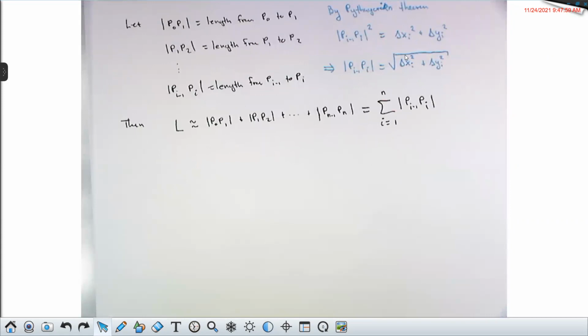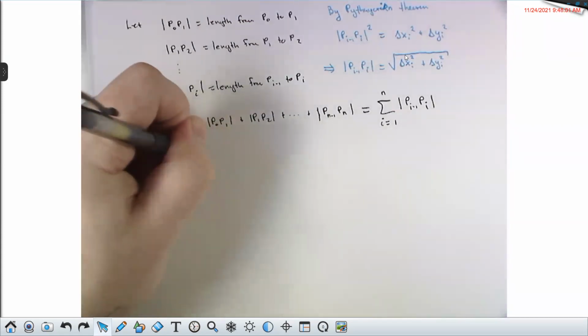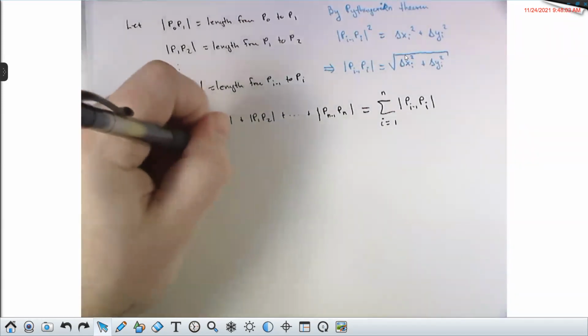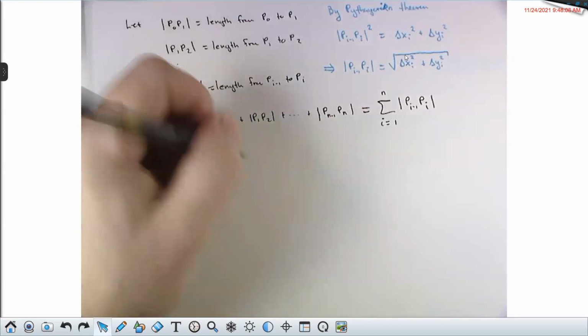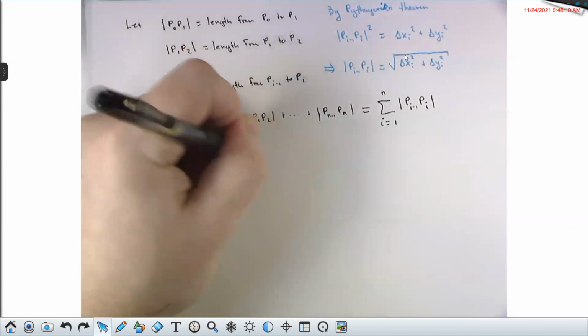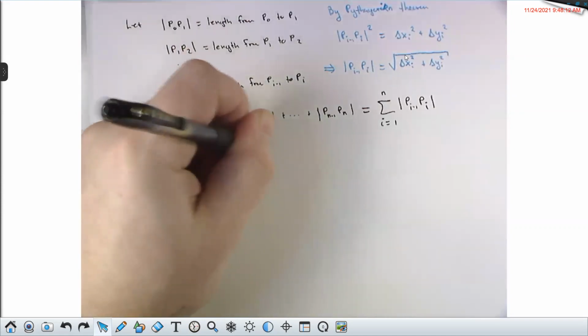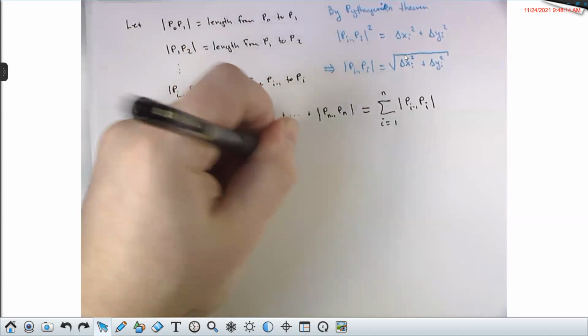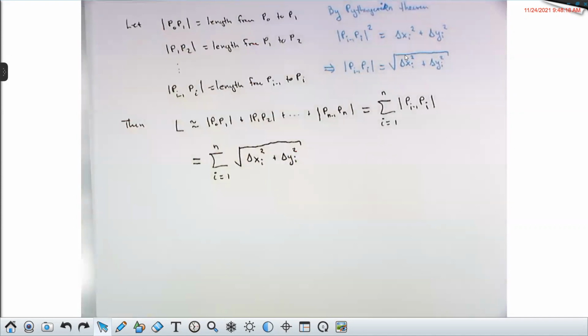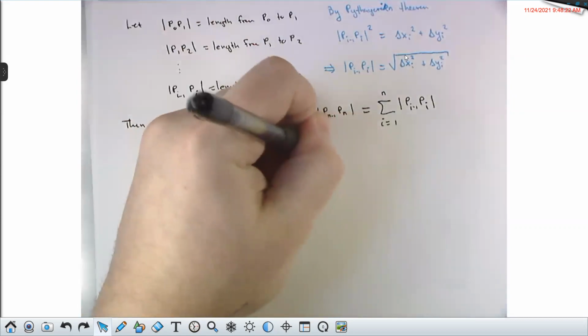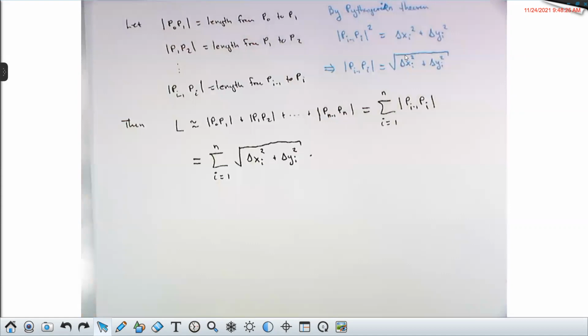Plugging this in to the approximation below, I get sigma i from 1 to n square root of delta xi squared plus delta yi squared. And the sneaky move here is to multiply by delta t over delta t.